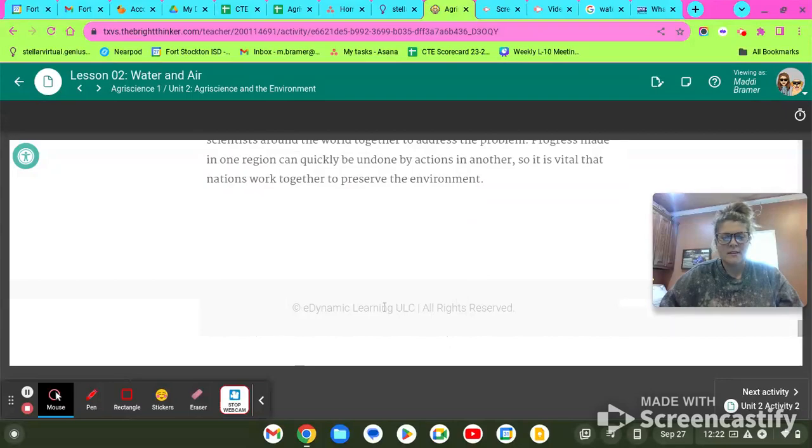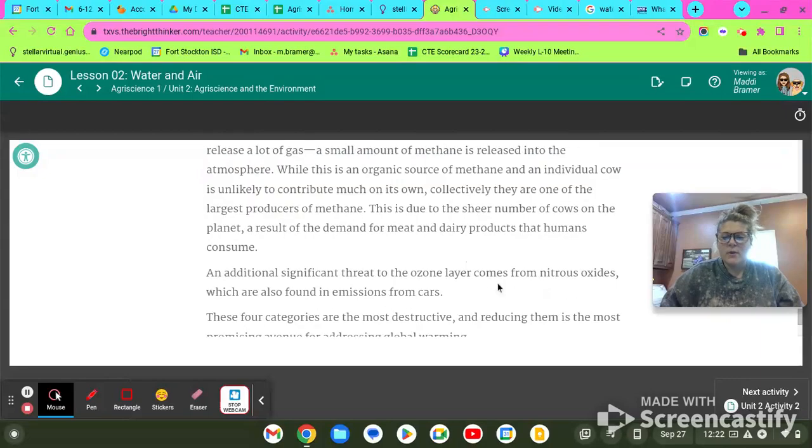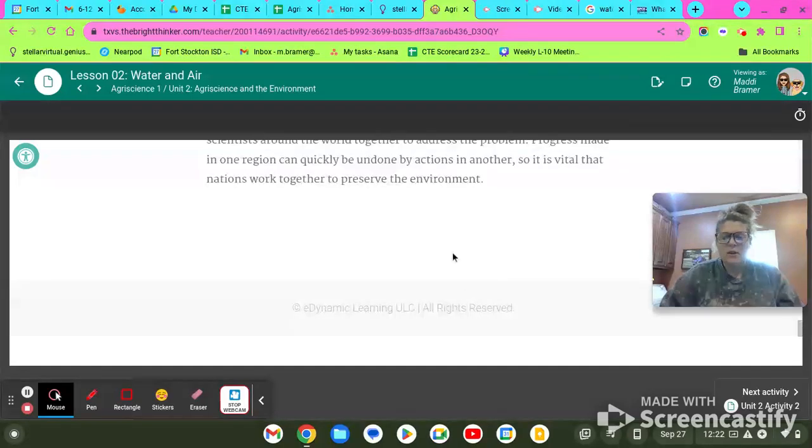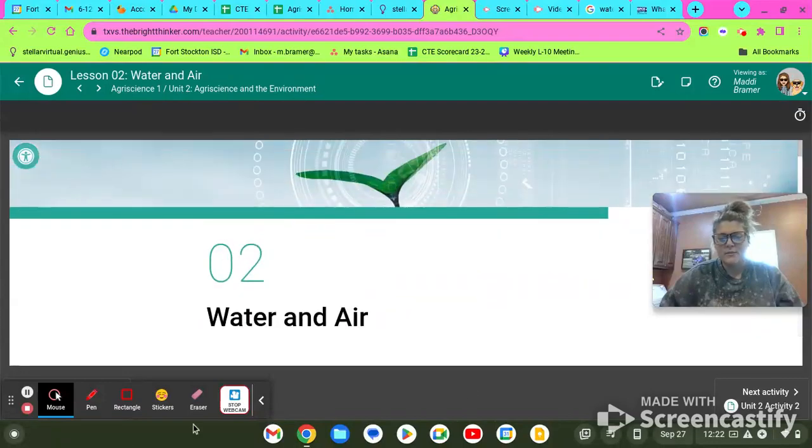But it says four categories are most destructive, and reducing them is promising for global warming. So we all need to watch what we do, be aware of our carbon footprint, and know that what you do affects other organisms and other animals and plants.